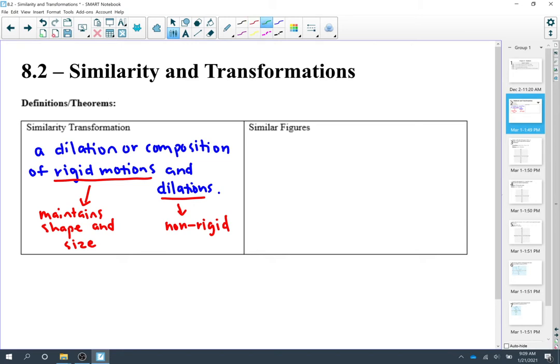Then we have this idea of a similar figure. Well, a similar figure is a figure that has the same shape, but a different size.